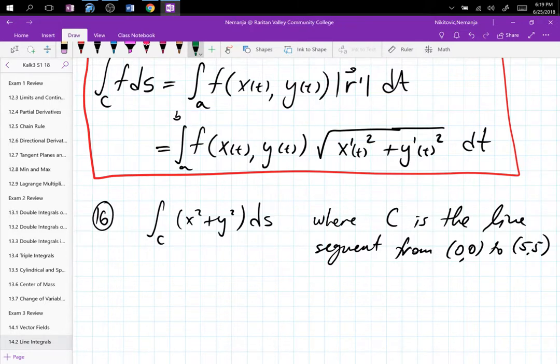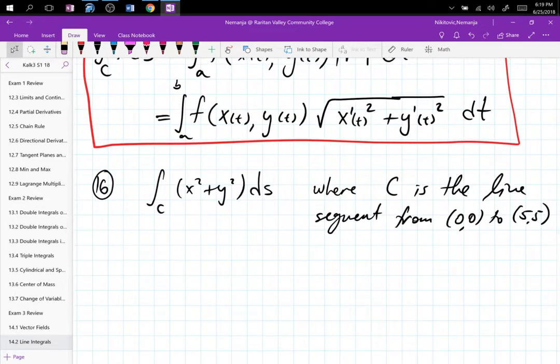Now, the first order of business is for us to figure out what C is. So parameterization. We need to know how to parametrize lines and parabolas and circles and all of these kinds of things, because all of these calculations now will require of us to have that parameterization so we can use it to figure out the rest. I'll write everything out.